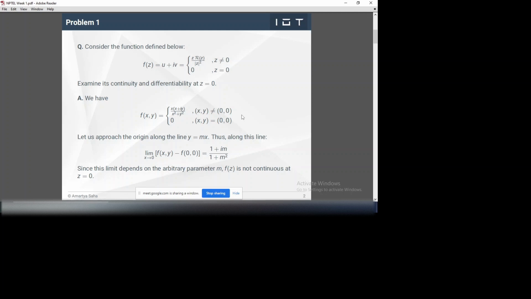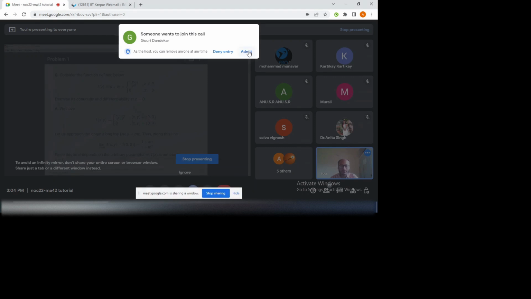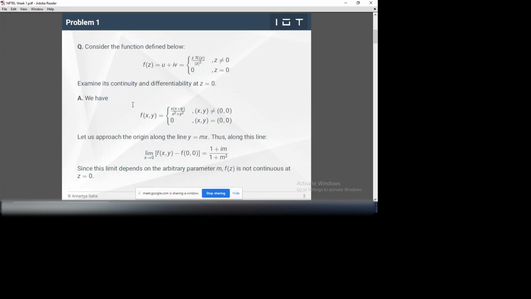Obviously in single variable calculus, we then usually employ L'Hospital's rule. But here, let us see what we can do. This is 0 by 0 form, and we suspect that because they have the same power, same ordered polynomials, this 0 by 0 form, after suitably taking the limit, may have some finite value.